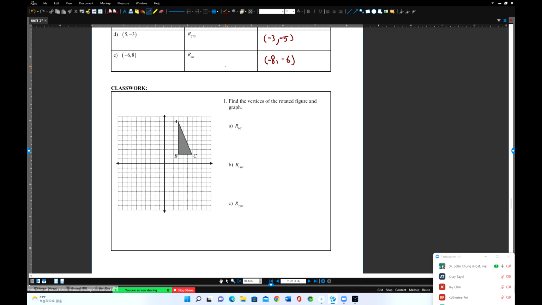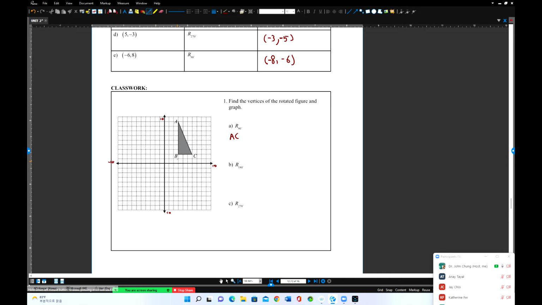You guys have some practice on this. Find the vertices of the rotated figure and graph it. 90 degree. Now let's find the coordinates of point A. What is it? 3 and 9, right? The grid lines are 10, 10, 10, 10.